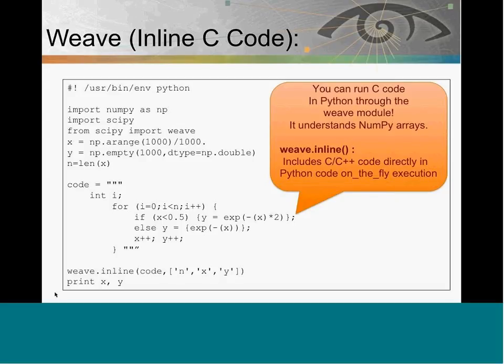As an example, you give a title, and then the code, and in that particular region I have the C code. You just say weave.inline with the function, the code, and then you pass the parameters to that code. In this case, it calls that function and returns values to Python.